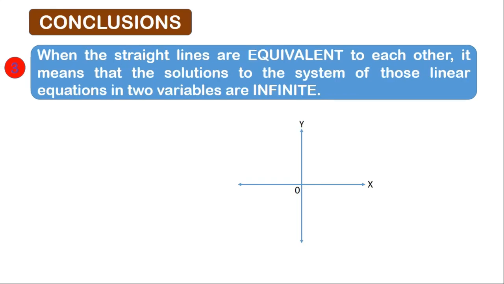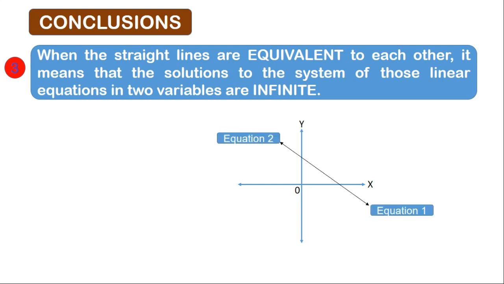Number 3. When the straight lines are equivalent to each other, it means that the solutions to the system of linear equations in two variables are infinite. Take a look at this graph.